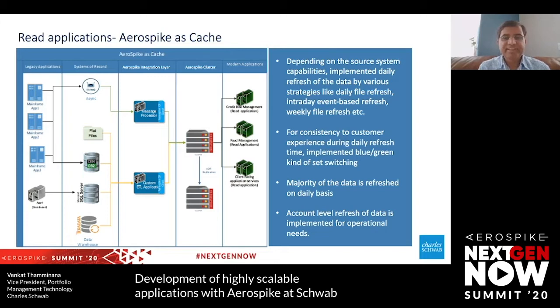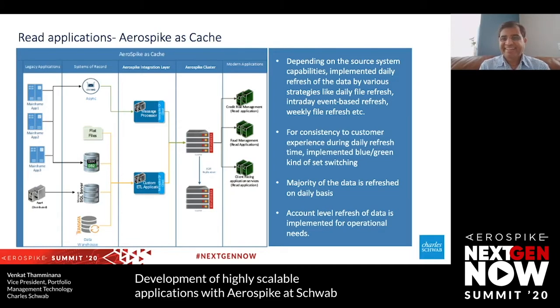There might be 10 tables in RDBMS in DB2 or SQL, but we are able to consolidate all those into one set, or most of the time we are able to accommodate into one set, because as long as the primary key is the same, we can enhance, add more bins and accommodate that. So those two things we leveraged while writing the data into Aerospike.